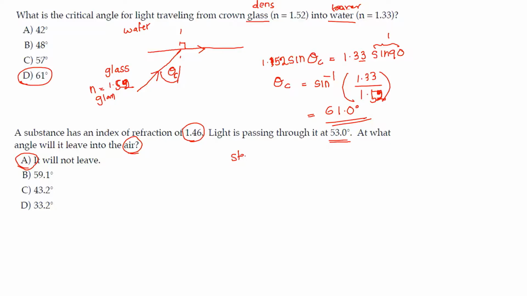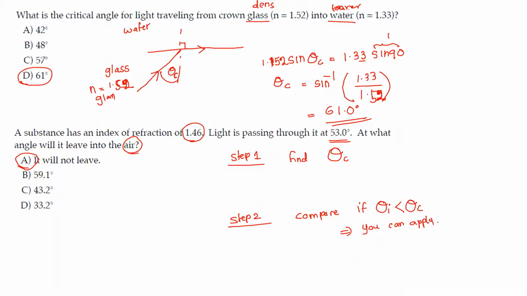So step 1, find the critical angle. Step 2, compare with it. If the incident angle is less than the critical angle, then you can apply Snell's law in the normal way.